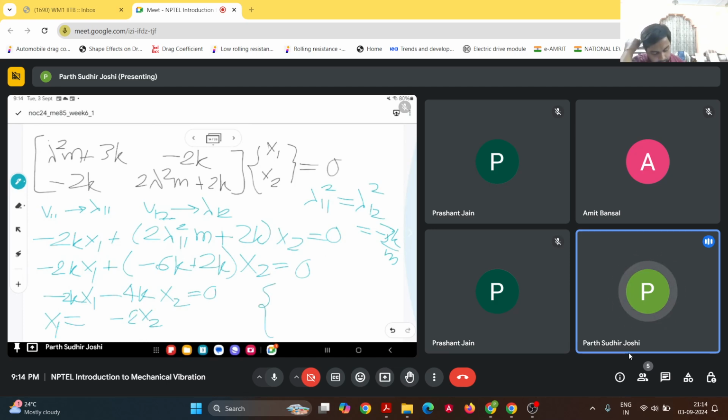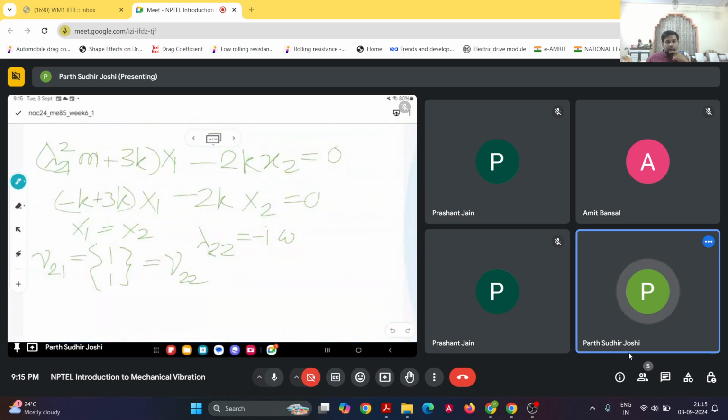So our eigenvector V11 is actually 1, minus 2. That is our eigenvector, the mode shape corresponding to the first natural frequency. V12 will come out to be the same thing, and V22 and V21 we already got. So this is how we can use this method for a 2 degree of freedom system.